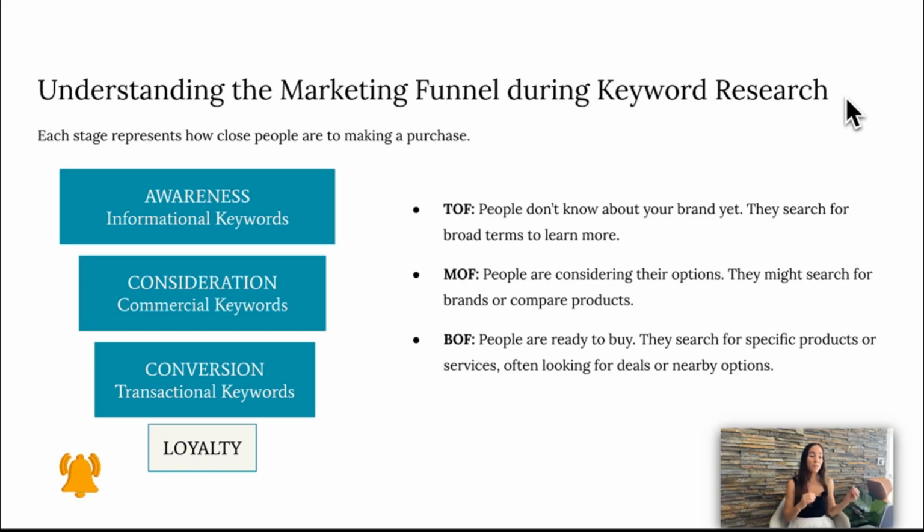Someone that is using commercial keywords is really considering their options. Maybe they're comparing products, they might actually already be looking for a brand name. And then someone that is in the transactional mindset is just ready to buy. So they are looking for specific products or services, they're looking for deals, and they're using keywords that are hinting that they're ready to buy.